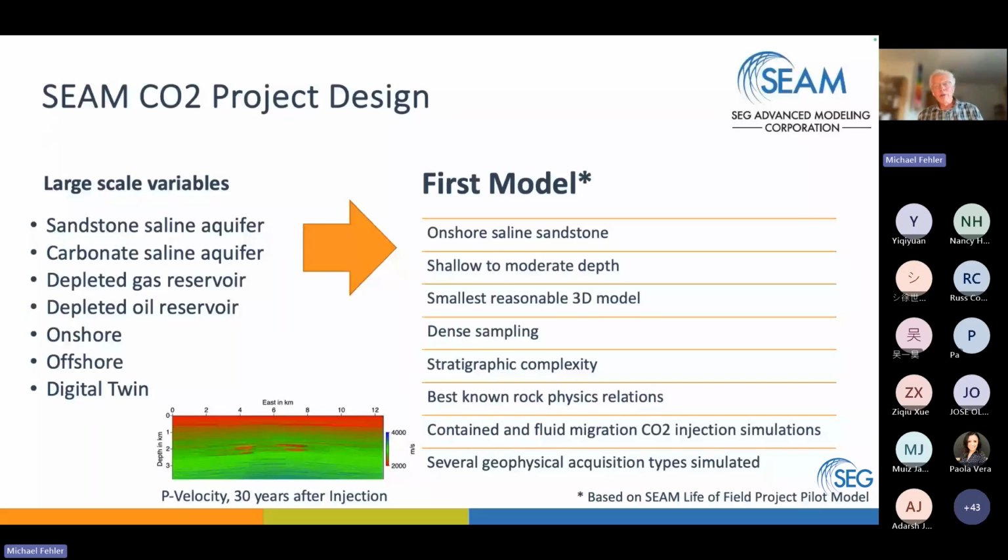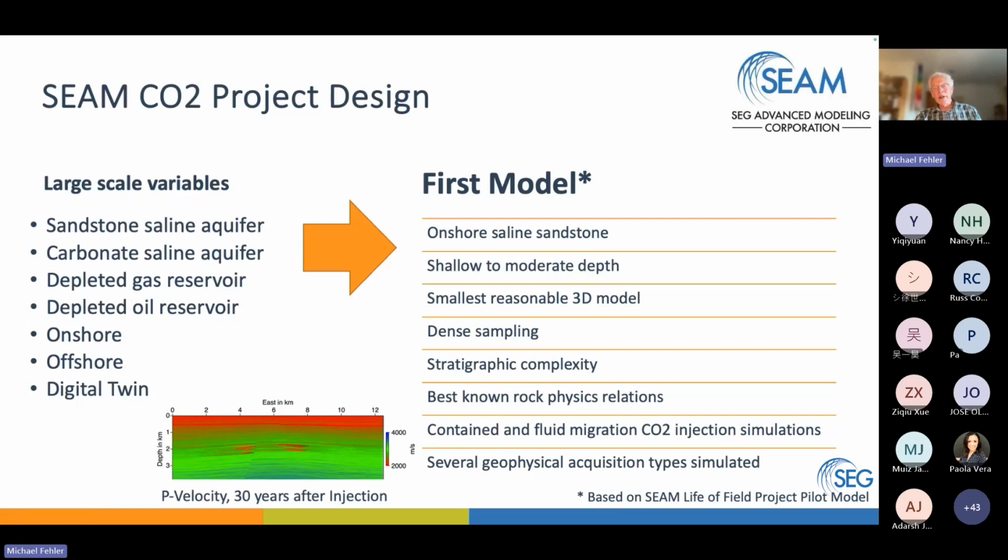Through a lot of discussion, we decided to start with a model we had a little leverage by building on, a model that was used in a previous SEAM project called Life of Field. They had a pilot model that was compact and lent itself well to the work we wanted to do with some modification. It's onshore saline sandstone. The model was 12.5 kilometers horizontal dimensions by 4 kilometers deep.